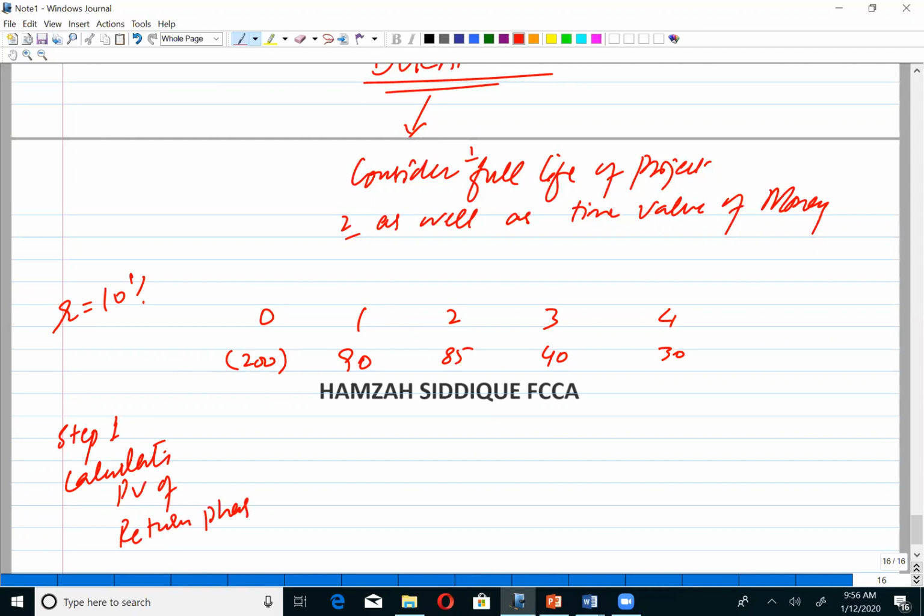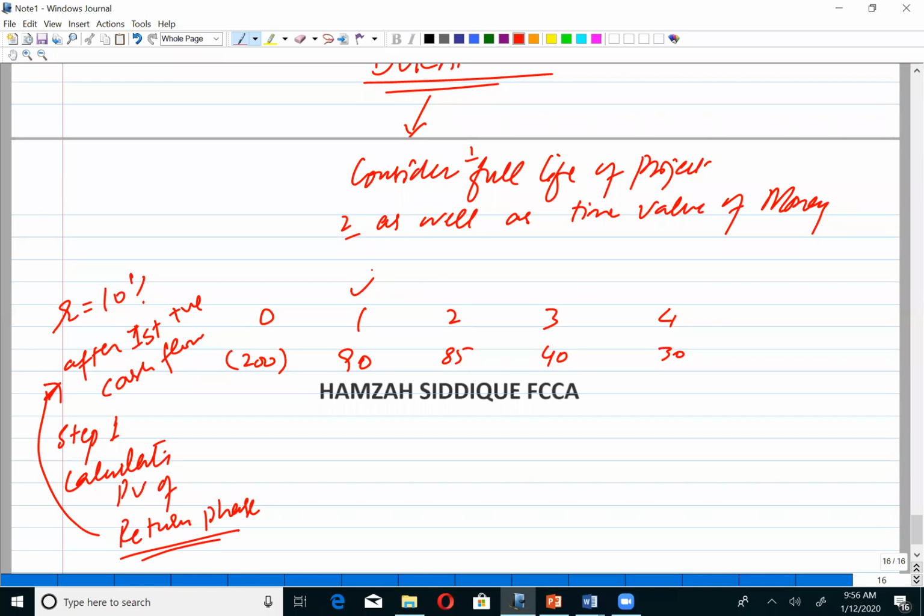What is return phase? Return phase is the phase after the first positive cash flow. First positive cash flow occurs here, year 1.